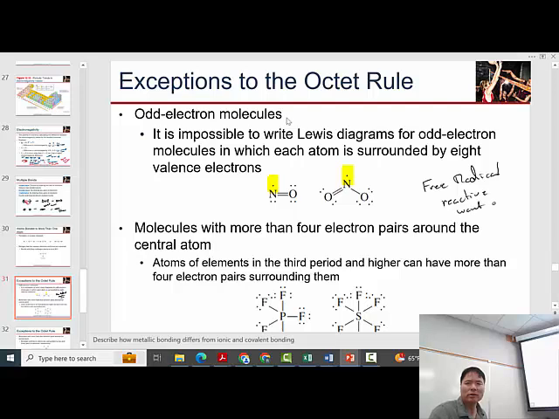Want 1 more electron. And so these are odd number of electrons.